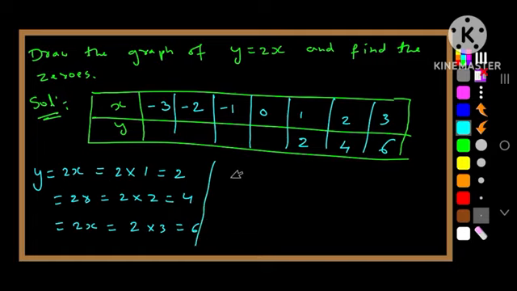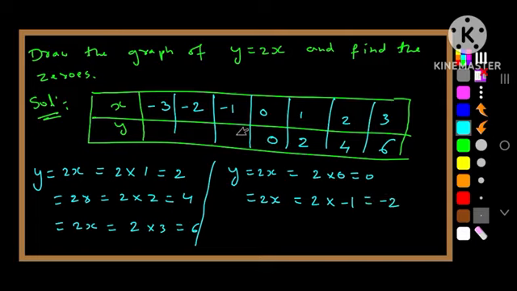Similarly, if I substitute the other values, y is equal to 2x, so x is 0: 2 into 0 is 0. Then 2x, x value is minus 1: 2 into minus 1, I am getting minus 2.